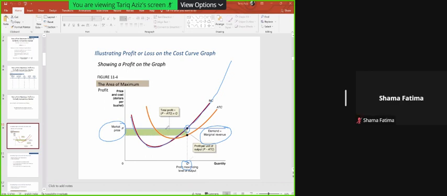If this firm decides to produce quantity Q star here, that will not be optimal. See, if it decides to produce this quantity, that is Q2, that will also not be optimal for this firm.